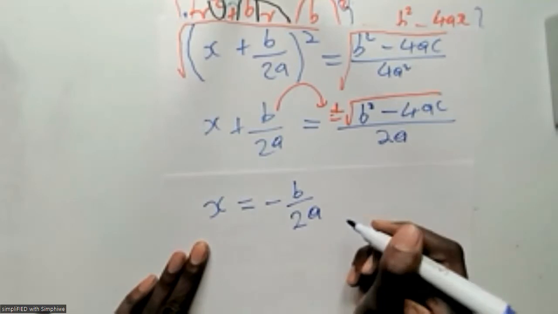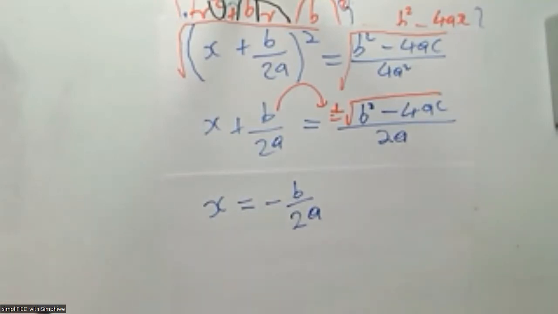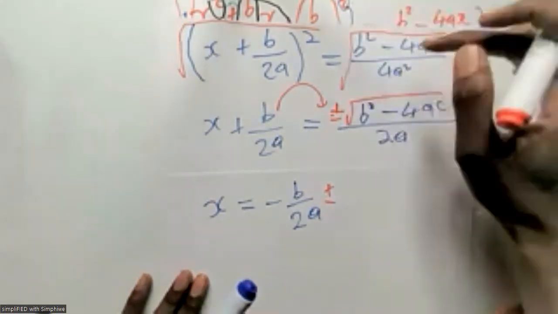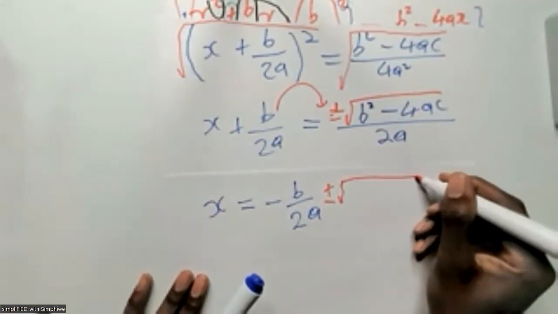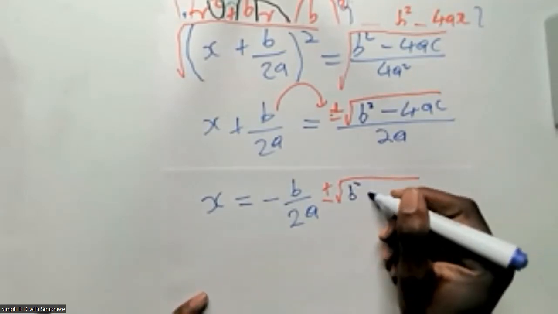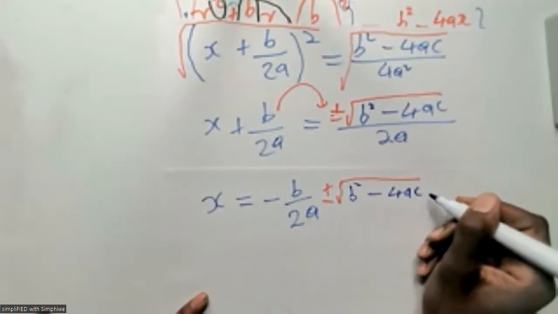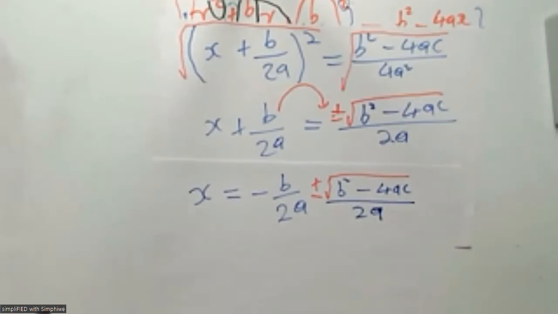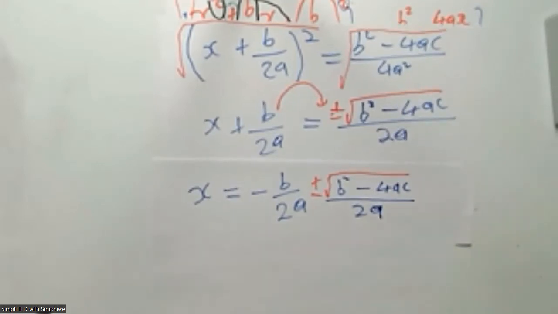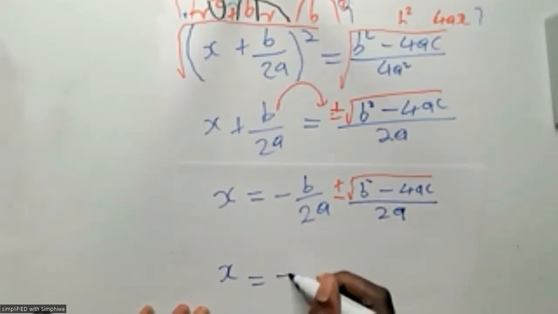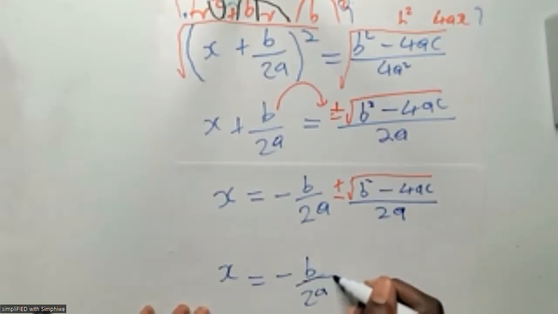Then I have minus b over 2a, plus or minus this part here, because we couldn't simplify it, the square root of b squared minus 4ac, all over 2a.